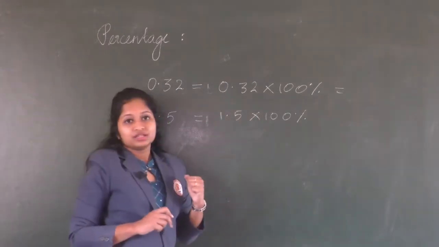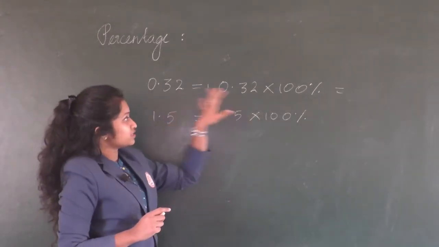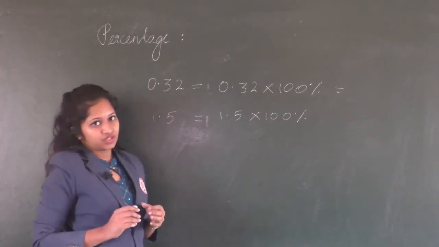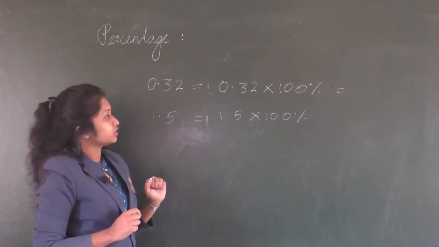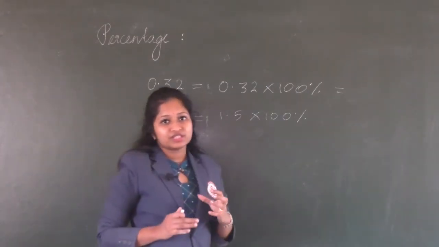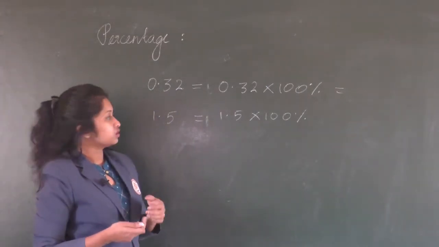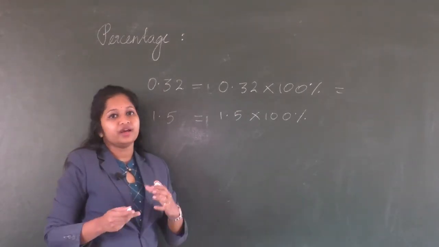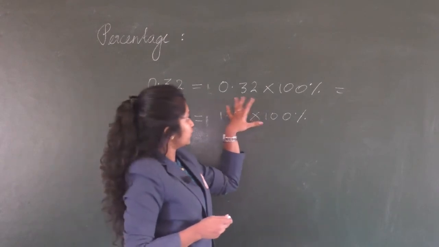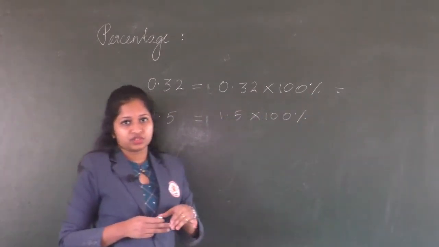Now let's convert decimals to percentage. Here we have 0.32. How to convert this decimal number into percentage? We should just multiply the given decimal by 100. So here it is 0.32 into 100 percentage.